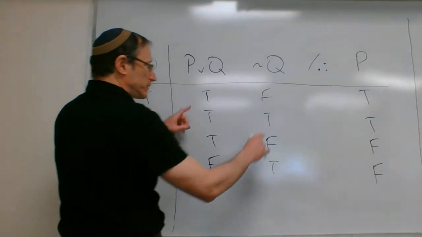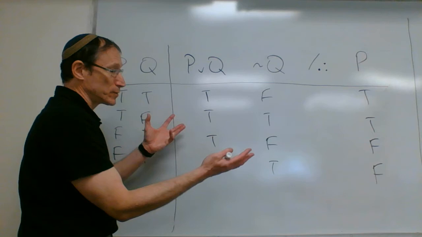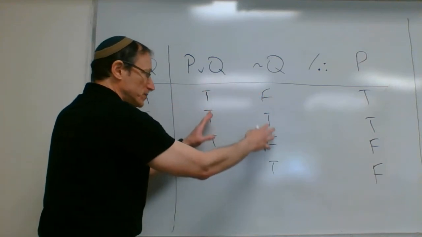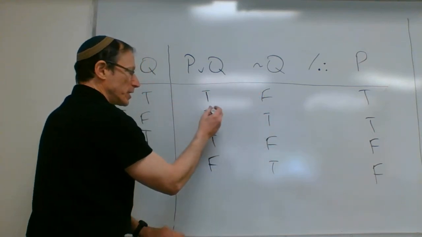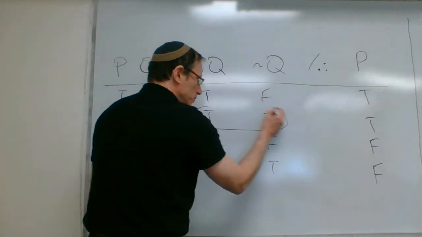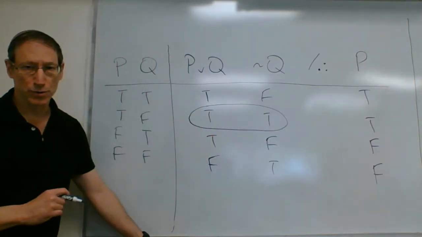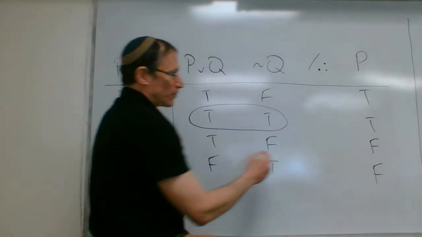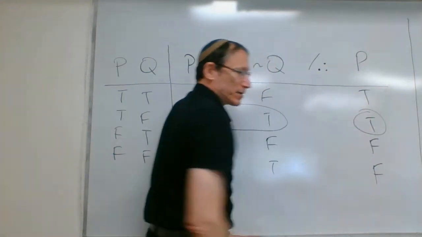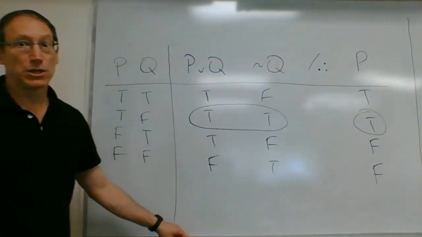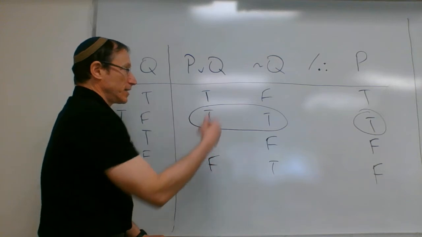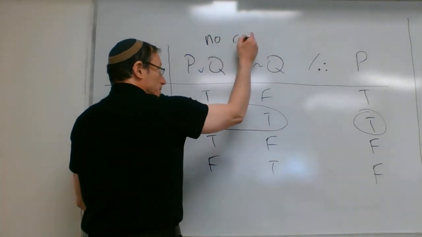Okay, so I have to look for where there is a row where all the premises come out true. There's only one, it's this row. On this row, both premises come out true, and on that row, the conclusion also comes out true. So that means I'm going to say no counterexample.